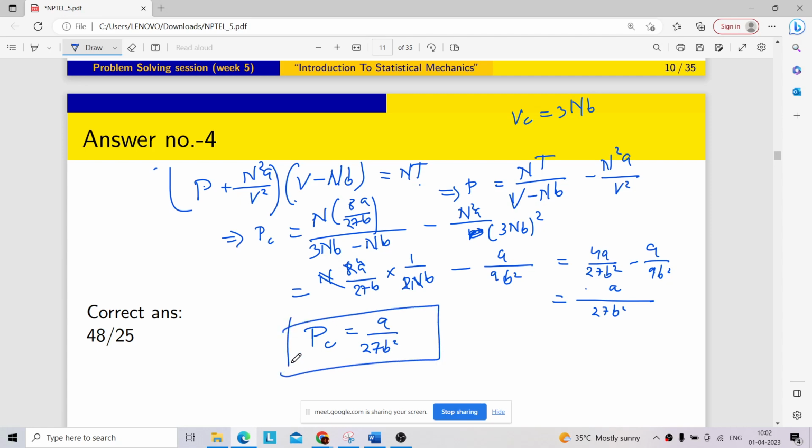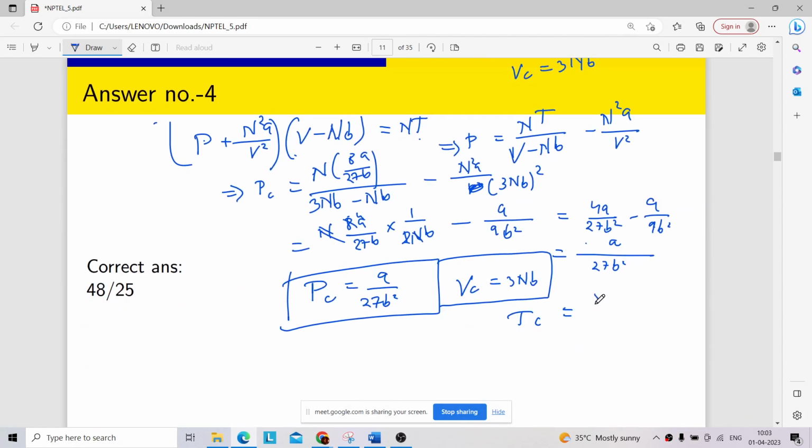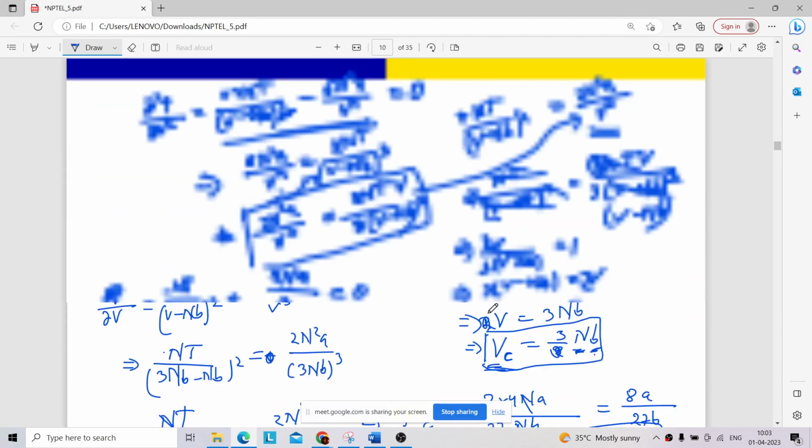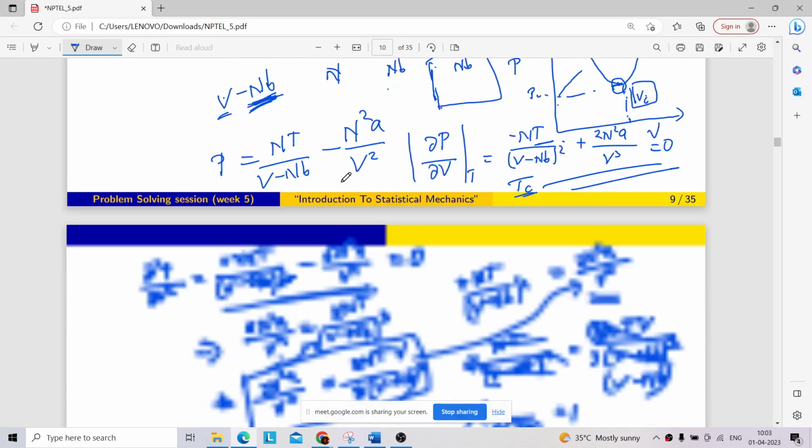So I have all this. PC is this, VC is 3NB, and TC is 8A over 27B, right? Now what is given? We are given the reduced volume, reduced temperature, and reduced pressure, right?